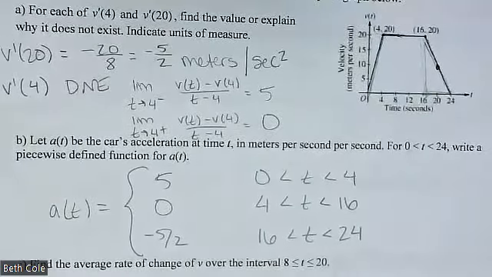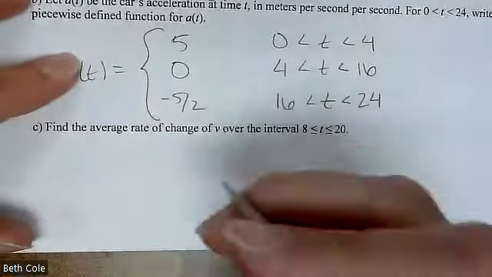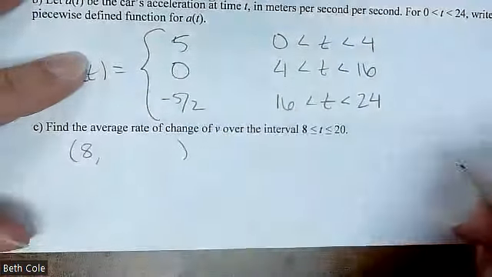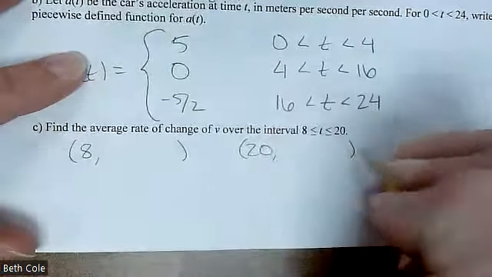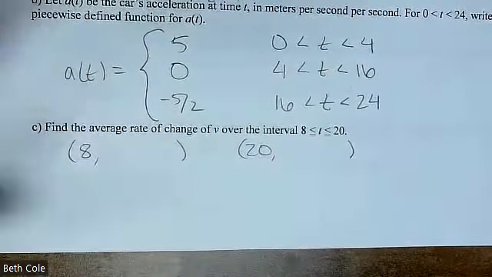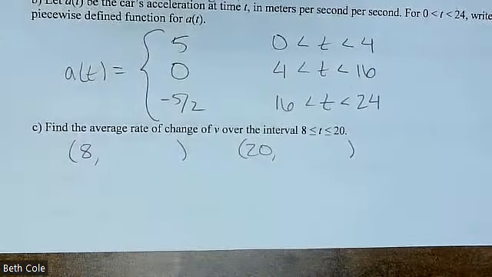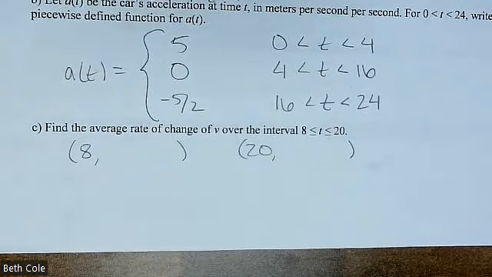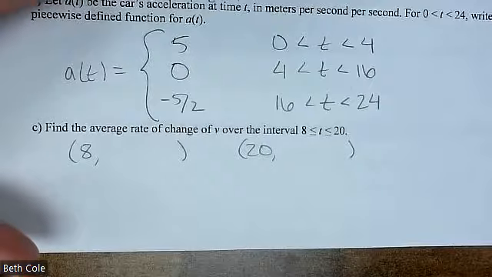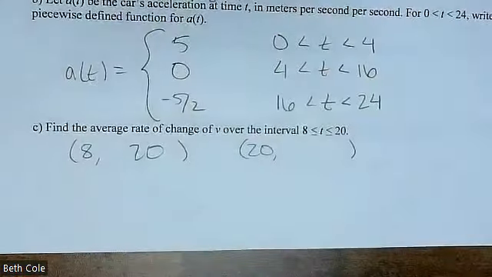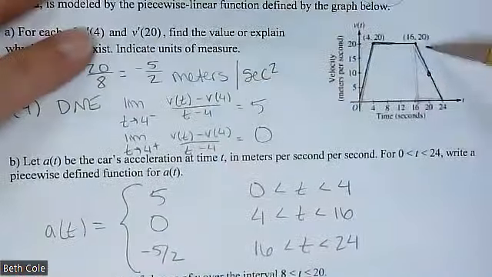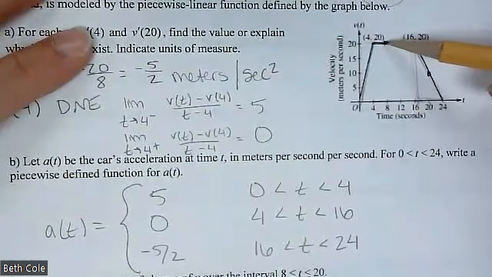Okay, so yeah, this last one, an average rate of change just means a slope. So you want the point at 8 and the point at 20. You'll just look at the graph to find them. So what was your point for 8? 8 is 20. Right here, 8, 20.